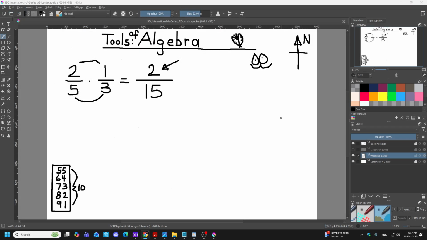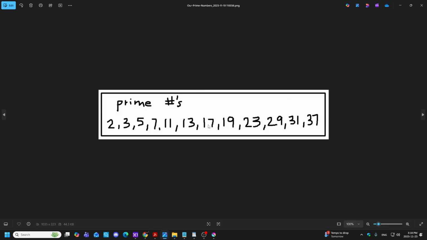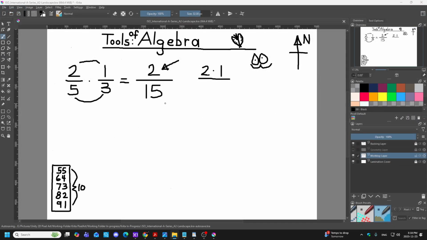So technically I could factor it, and let me show you what that means. 2 and itself. 15, not a prime number? Well, because we know we can factor 5 or 3. That's why it is not a prime number.